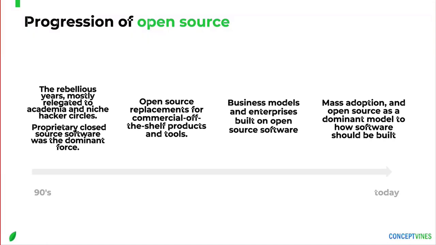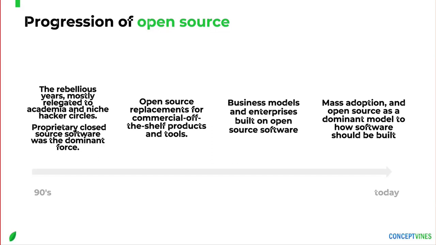So if you just take the last 20, 30 years, open source and free software thinking has been there since the 70s and 80s, largely in smaller circles back then, mostly around academia and such. But since the 90s, it really grew in adoption because of things like Linux, which really brought the concepts of free and open source software to the masses to some extent.